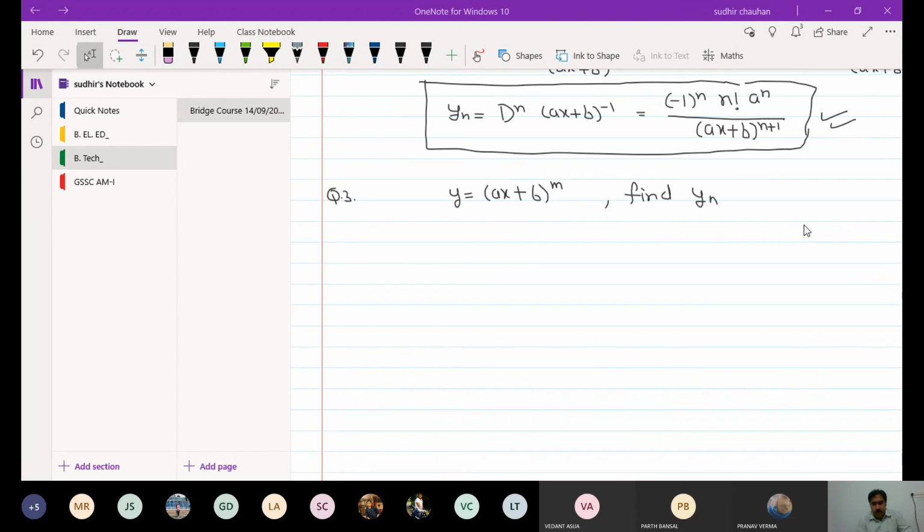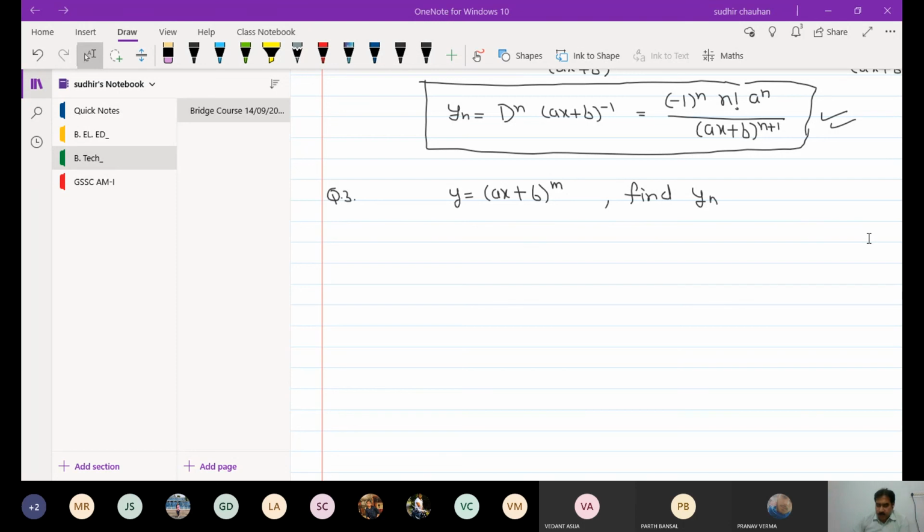In the next lecture, we will discuss integration, integral calculus. Okay. Sir, the answer. Pardon? Okay, just a minute. I have calculated it as a raised to power n, ax plus b raised to power m minus n, multiplied by m factorial, minus m minus n factorial. Yeah, you can further simplify it.